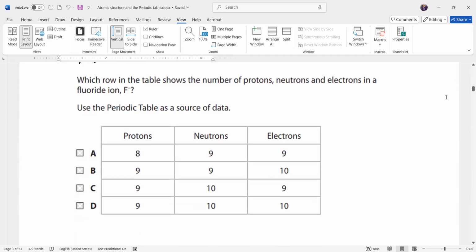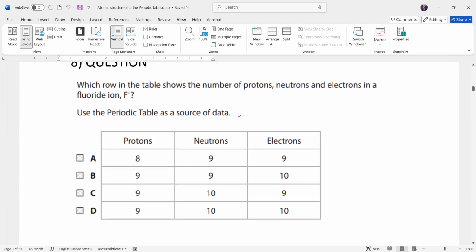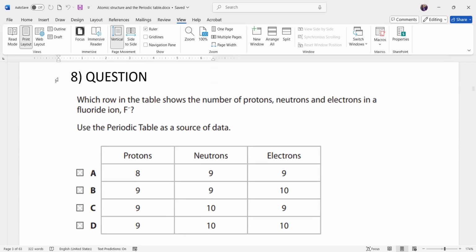Which row in the table shows the number of protons, neutrons, and electrons in the fluoride ion? So fluorine has a charge of minus one and atomic number is 9. And using the periodic table, the nucleon number is 19. Just use the chat to answer.